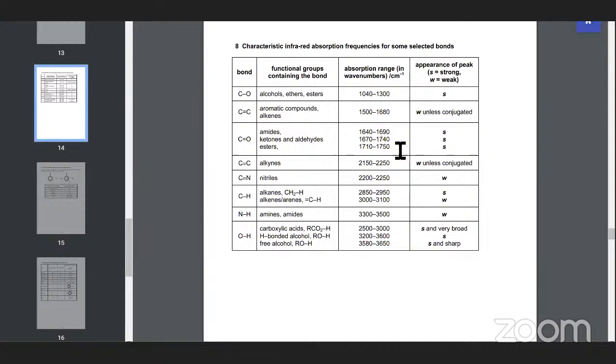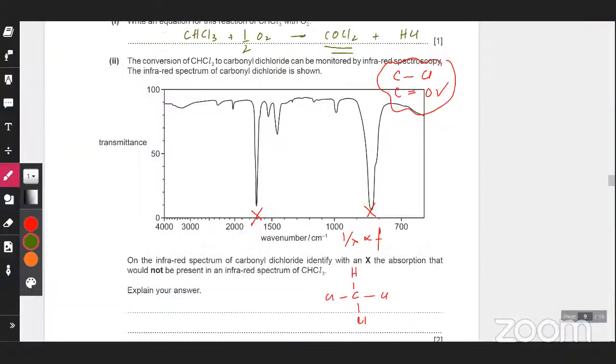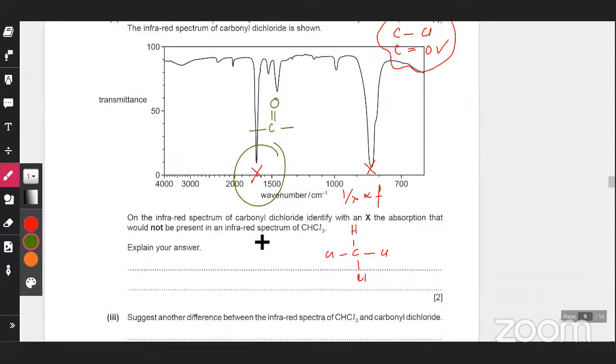That's going to be your wave number, where the absorption is going to happen. So around 1600, it's this one. This one is your C double bond O absorption.